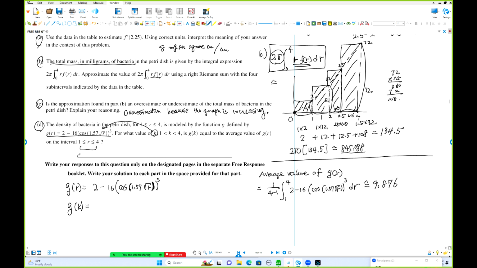Put this number K there. 2 minus 16 cosine of 1.57 square root K and cube. That's right, right? Inside of here, okay, and then cube. That is G of K, okay?